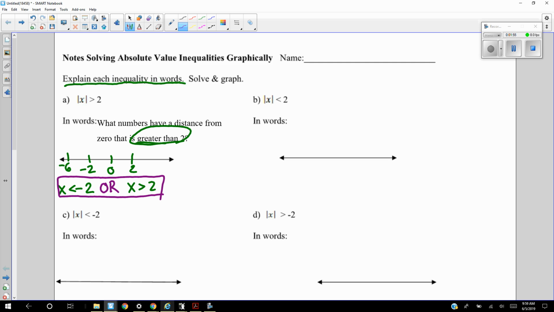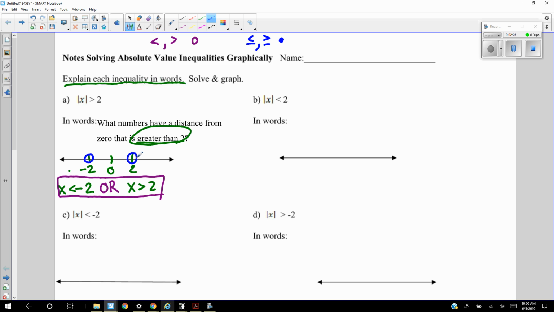How we're going to graph this, anytime you have a less than or greater than symbol, it's an open dot. When you have a less than or equal to and a greater than or equal to symbol, it's a closed dot. So in this particular case, the only 2 points we really need graphed here are -2 and +2. We're going to do an open dot.